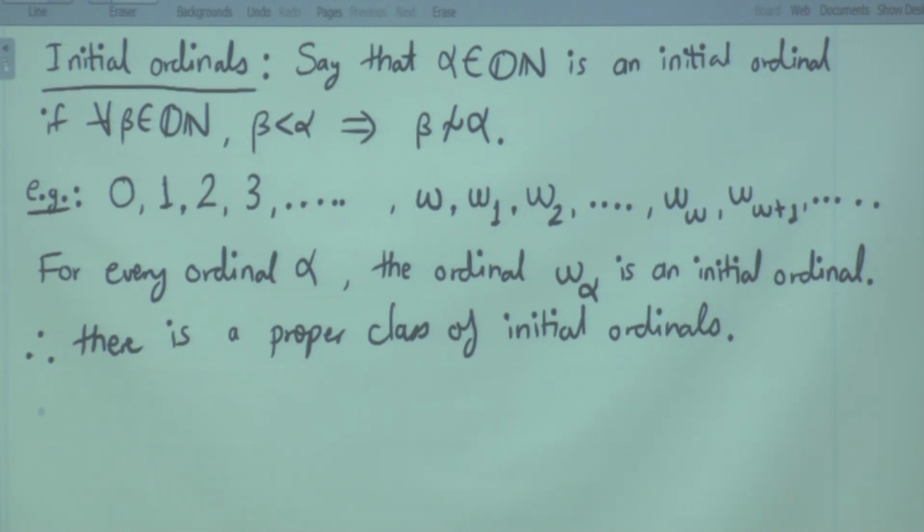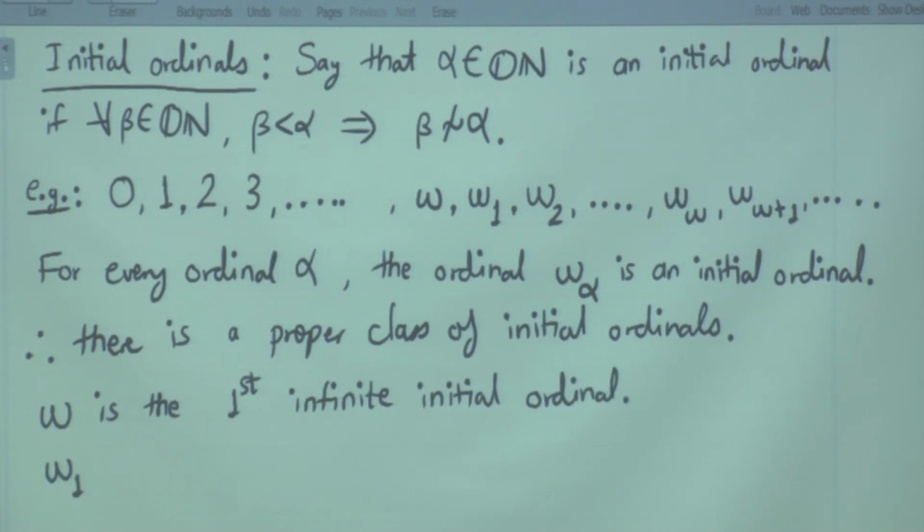So omega is the zeroth or first, whatever you want to call it, infinite initial ordinal.